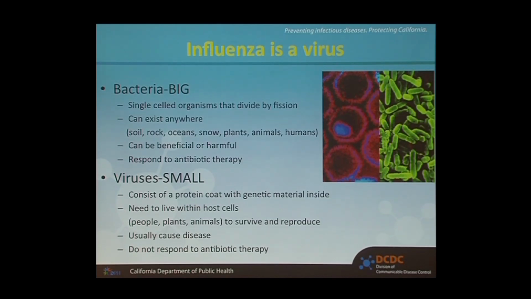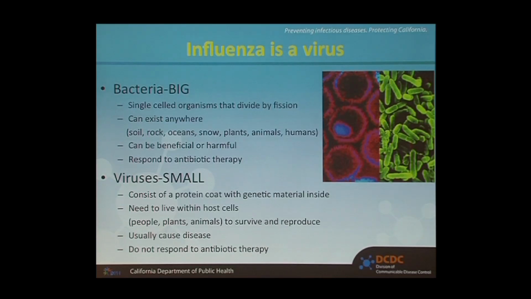So in contrast, viruses are very small. You can see on this electron micrograph here, this is also an EM. You can see bacteria at 100-fold in a microscope. But this is 100,000, and you can only see viruses by EM or electron micrograph, so they're very, very tiny. They consist of fairly simple components, a protein coat with either RNA or DNA inside. And the main difference between bacteria and viruses, besides the size, is that they need to infect a mammalian cell or a plant cell, another cell, in order to survive and reproduce.